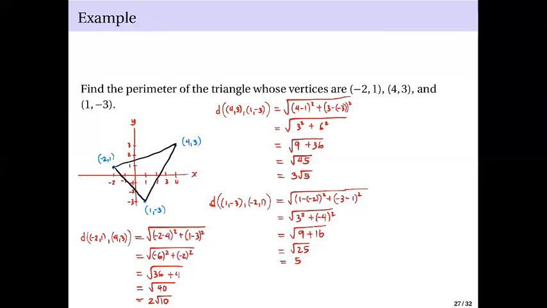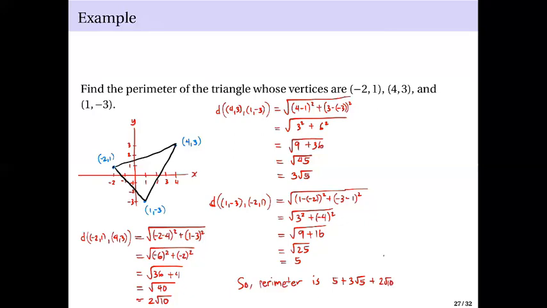And therefore, the perimeter is just the sum of these three guys. So the perimeter is, what are those? 5 plus 3 square root of 5 plus 2 square root of 10.